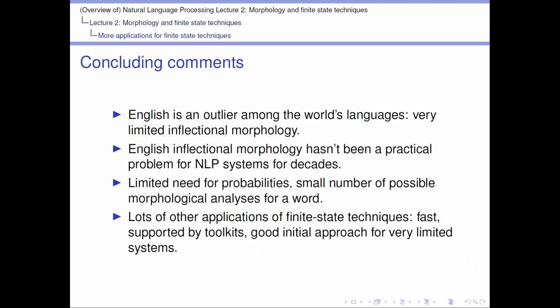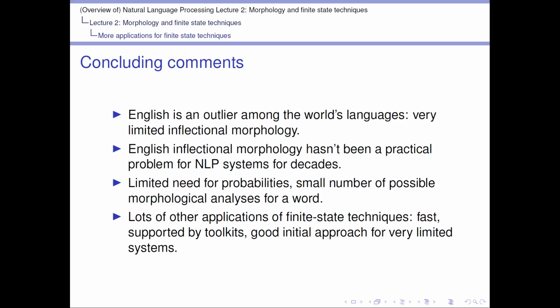Okay, let's just see. English is an outlier in the world's languages, very limited inflectional morphology. Yes, so we called it an analytic language, limited inflectional morphology, derivational morphology, so it shares the properties of both. We've been able to use these kind of finite state transducers for a long time to solve most problems in English morphology.